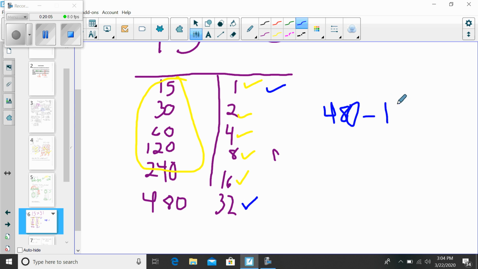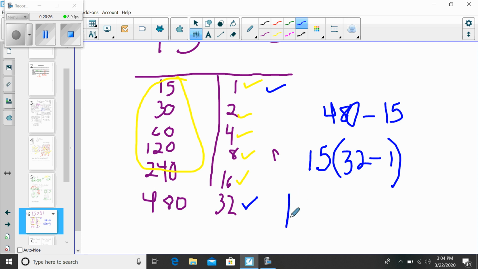minus 15. And again, how am I illustrating the distributive property? I'm doing 15 times, so I'm thinking of 31 as 32 minus 1, and then I'm distributing to get the 480 and the 15.